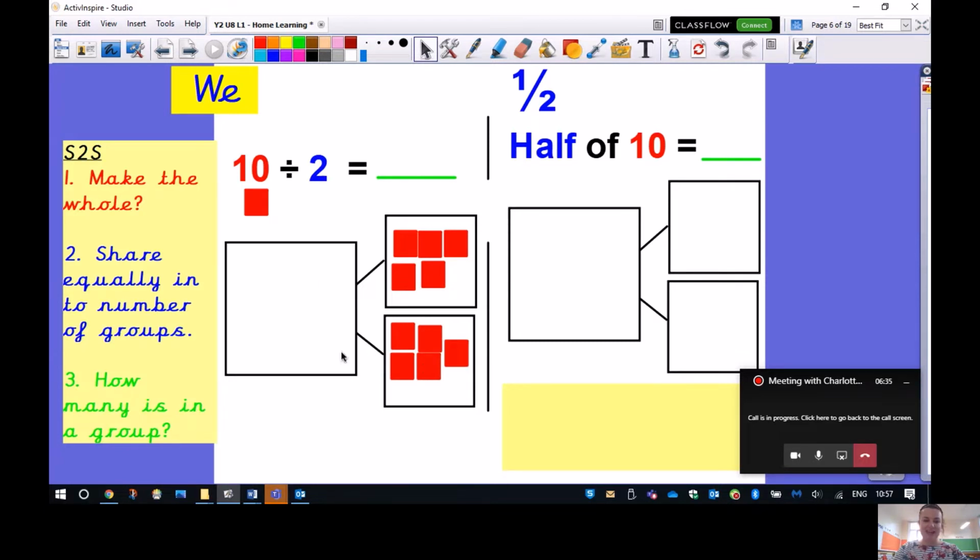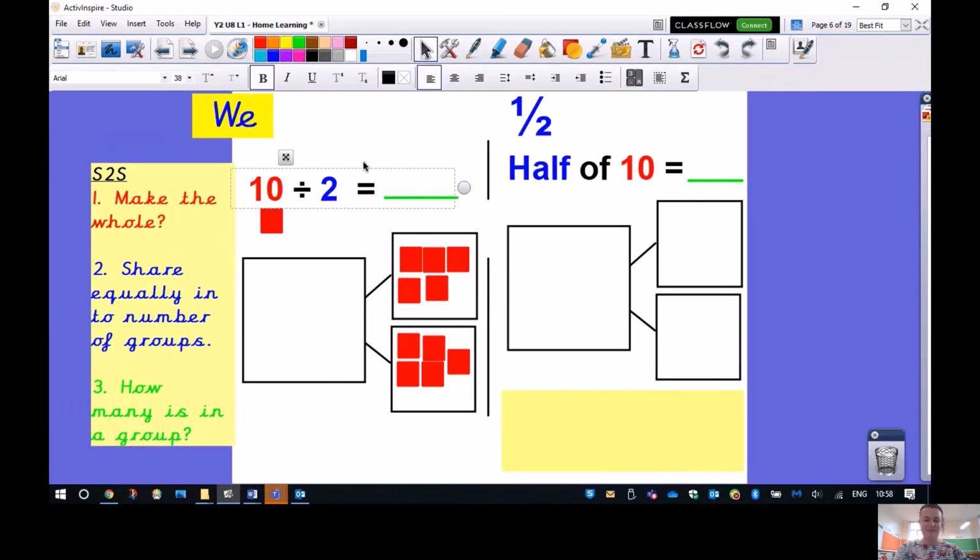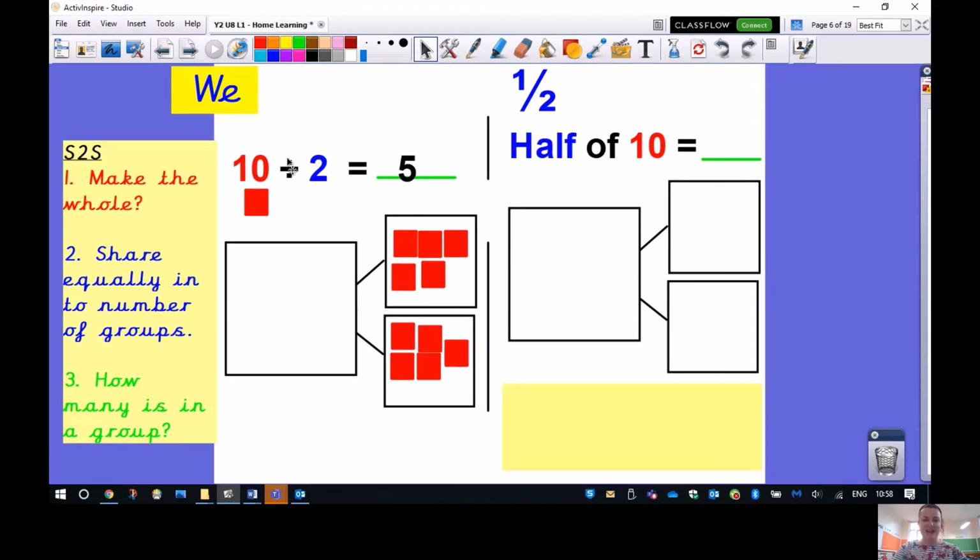I've shared my 10 into 2 equal groups. How many is in a group? 1, 2, 3, 4, 5. 10 divided by 2 equals 5.